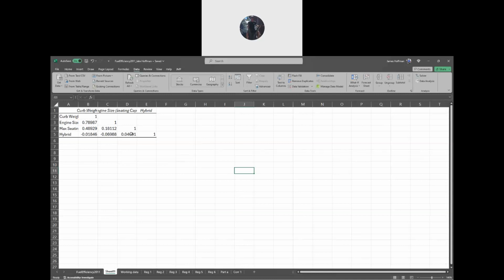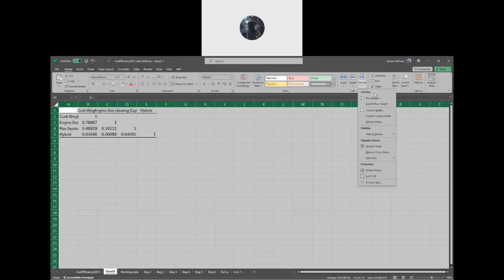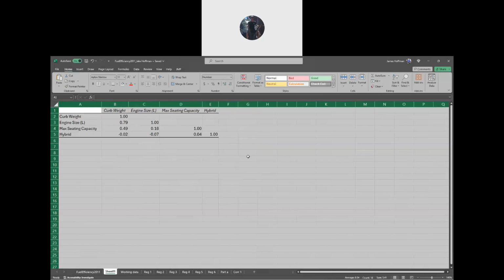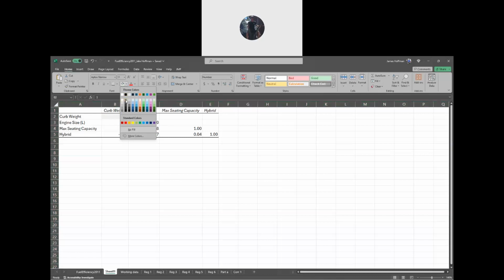Okay, so now we're just left with small. Yeah, engine and curb weight were now the only issues, which are around 0.79.